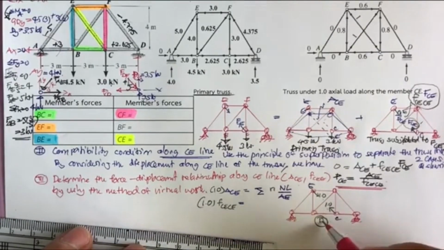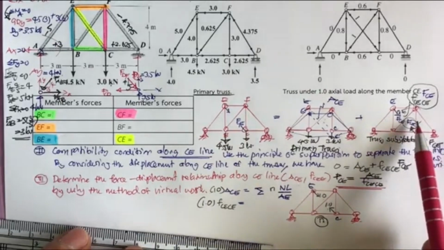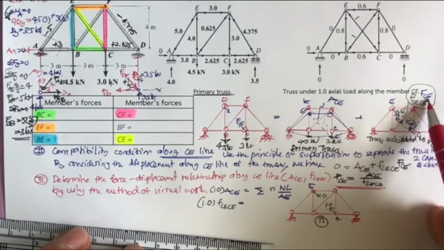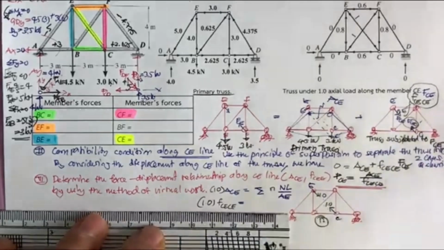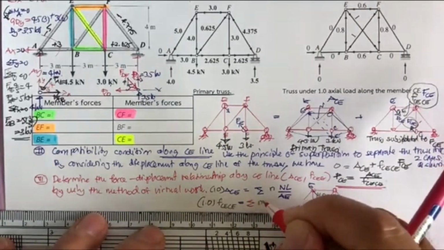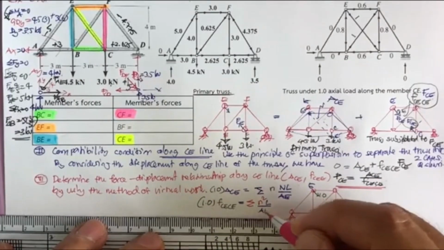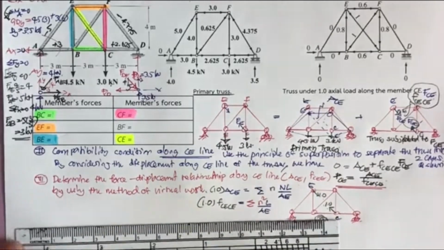This produces the force n, and the force n will be multiplied by the deformation of each member. Since this one is computed with f sub CE equal to 1, the truss here is going to be the same as this one. So this one is going to be the summation of n squared times L over AE. That is the two equations that we are going to use to solve this problem.